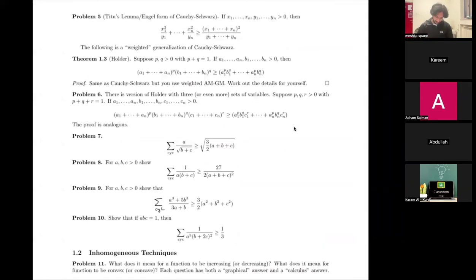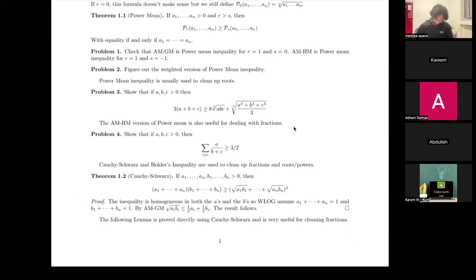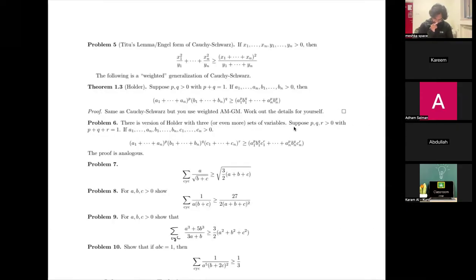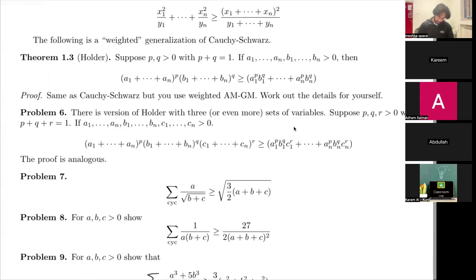So let's look at the statement of Holder. I don't exactly write it the way that I phrased it here, but actually this is okay. This is an okay way to do it. So let's copy the statement and then I'll give the proof.